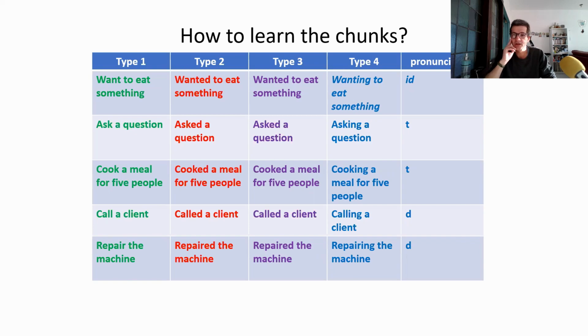Ask and cook have a sound on the end, so asked a question, cooked a meal for 5 people. And call and repair have a D sound on the end. That's just something to be aware of. Regular verbs are simpler because type 2 and 3 are the same, but you have to consider the pronunciation. There are 3 different types for ed in English.